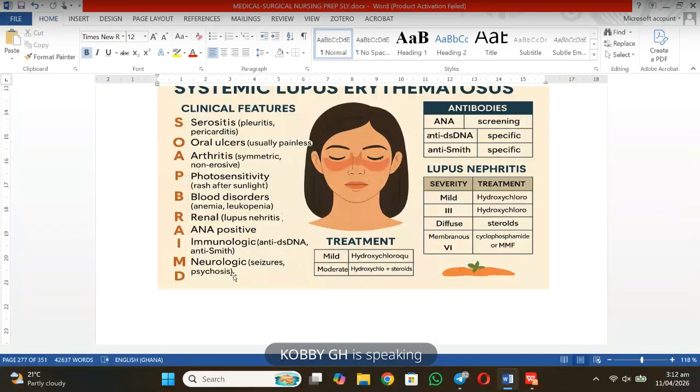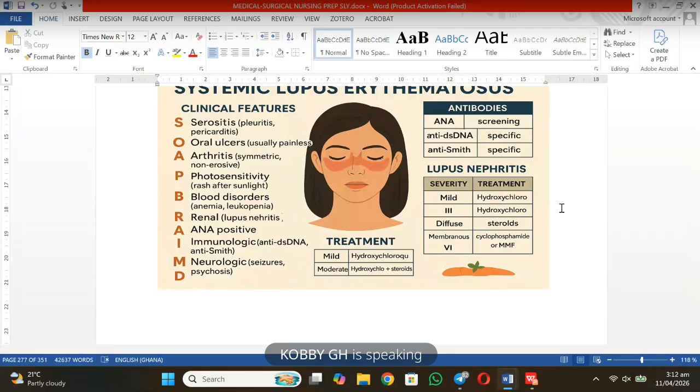The rash that occurs in lupus is photosensitive in nature. Again, lupus can affect your blood and manifest as anemia. And in the nervous system, this condition can manifest as seizures and psychosis. This makes lupus very different from the other conditions. In some books they call it systemic lupus erythematosus. In some books they will just say lupus.